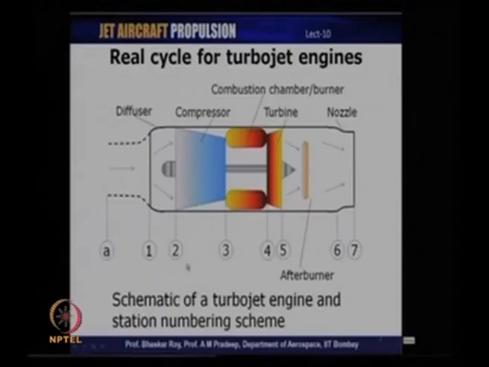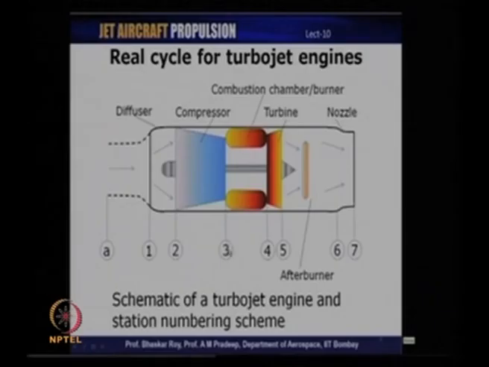I have also indicated certain numbers beneath each of these components, which are basically the station numbers which we will use in our cycle analysis. For example, A primarily denotes the free stream, 1 is for the diffuser entry, 2 is for the diffuser exit, which is also the compressor entry.